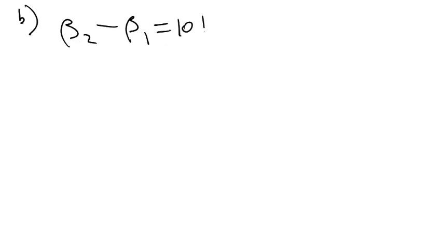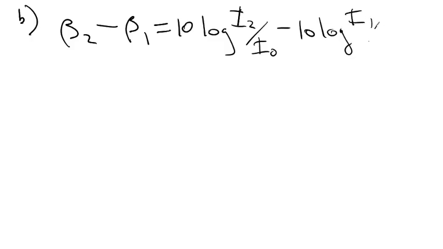The after gets I2 over I naught, and the before gets I1 over I naught. Quickly, we can factor out the 10.